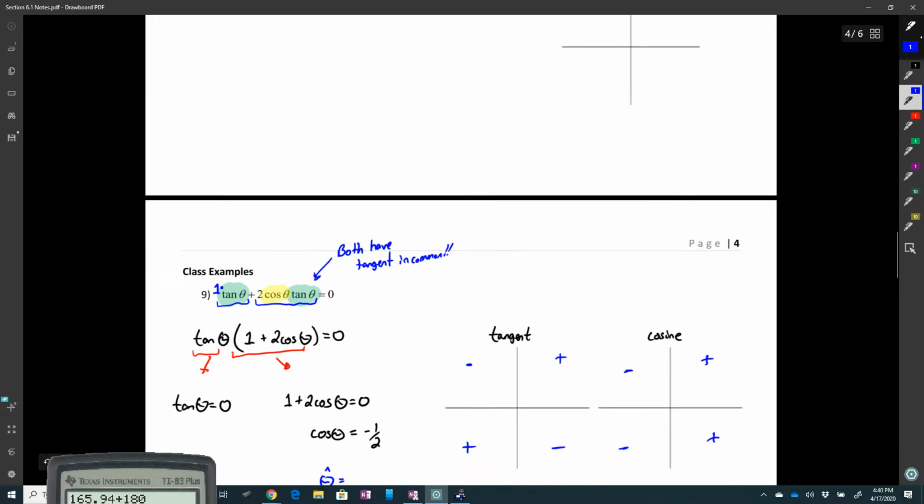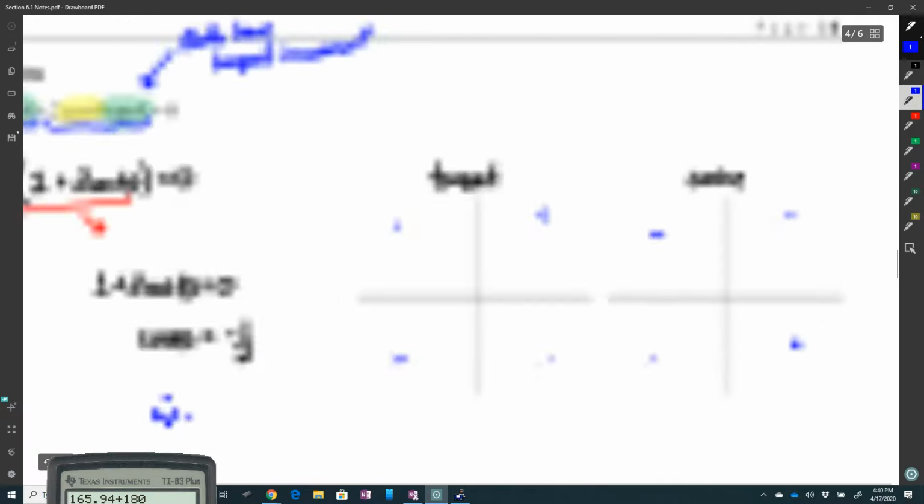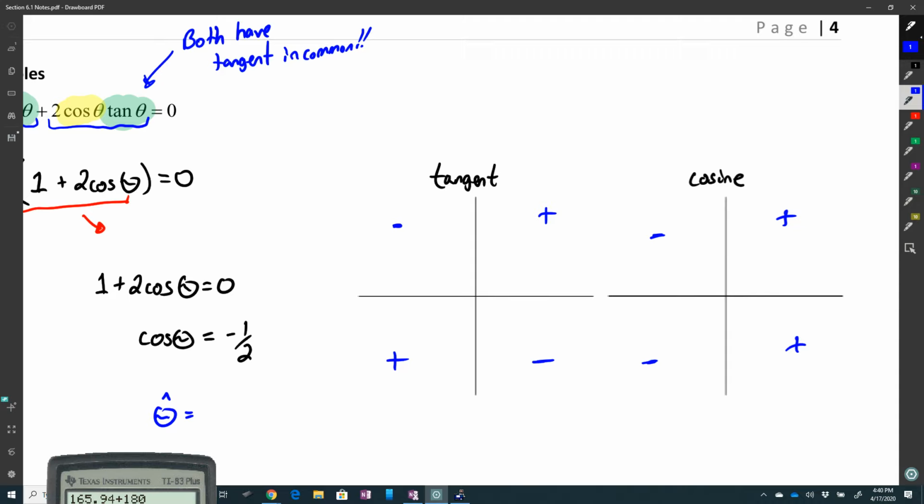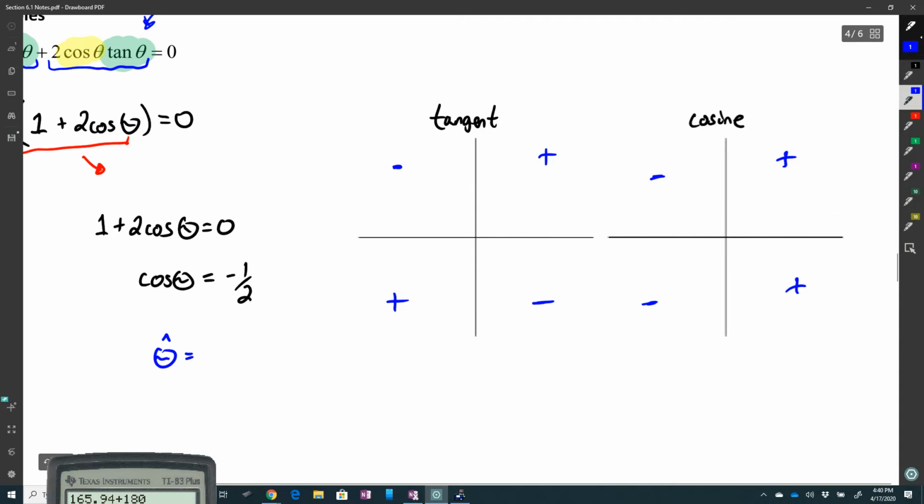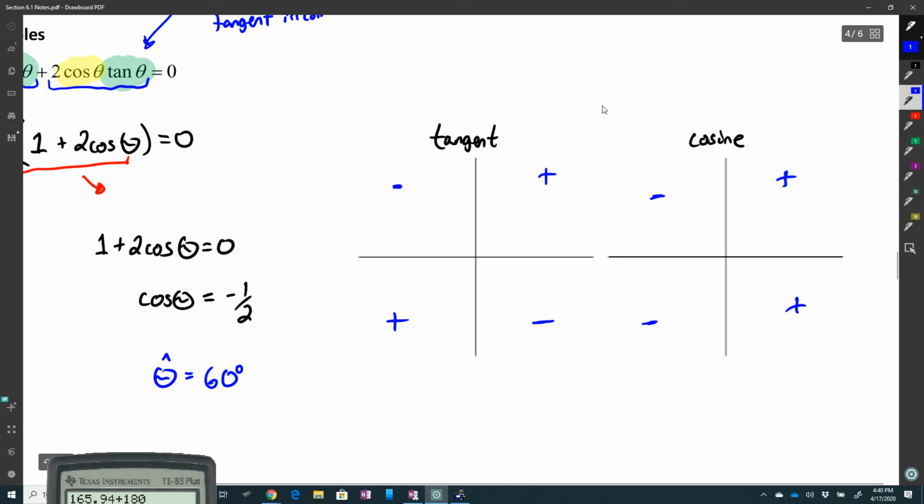So going back way over here. And it's negative. So here my reference angle is going to be 60 degrees. But because it's negative, I know my 60 degrees has to be over here. And you can think of it as pi over 3 if you want.